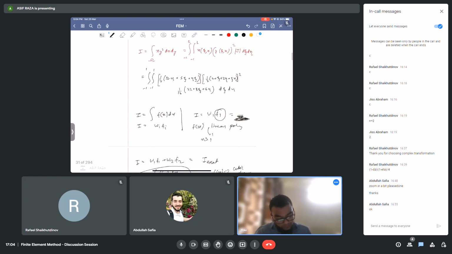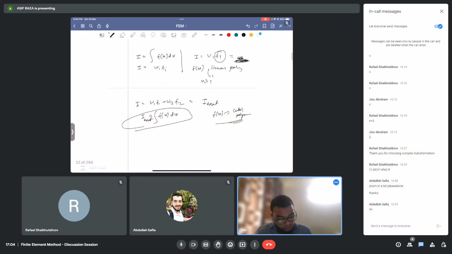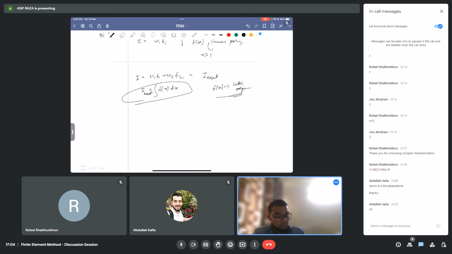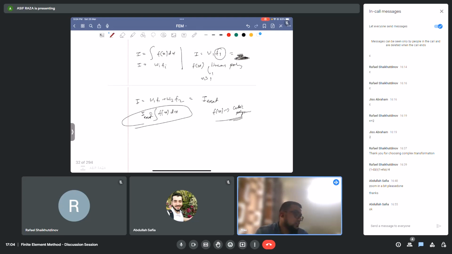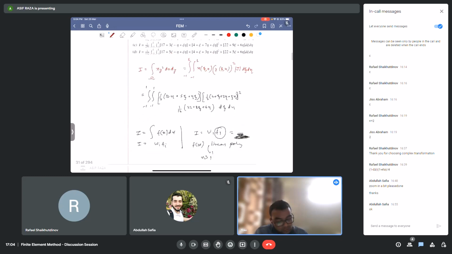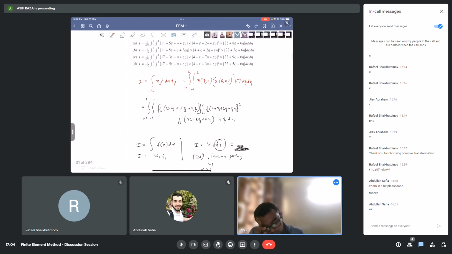So this is one thing you need to keep in mind. Now you're asking how you take one integration point in one direction and three in the other. See this question: in the dependence on x, we have a linear thing.